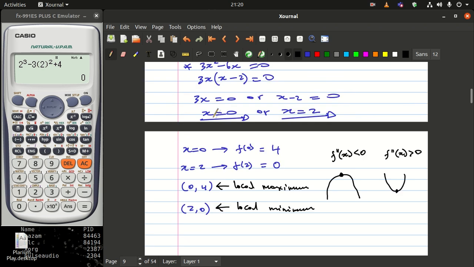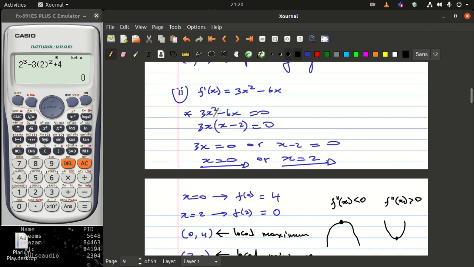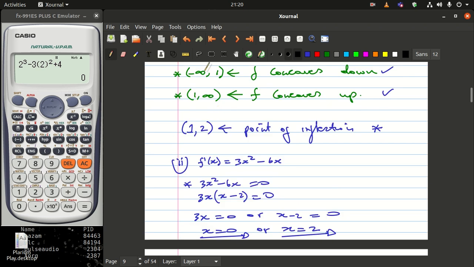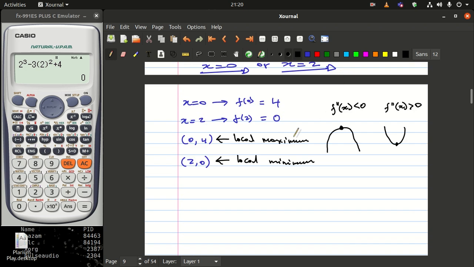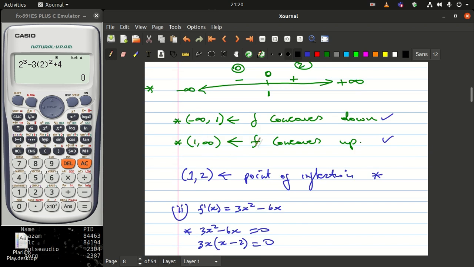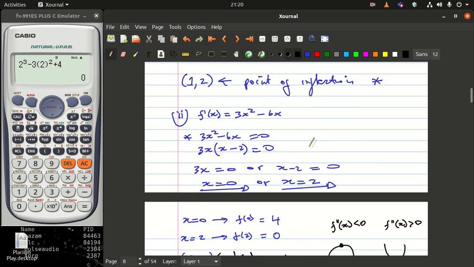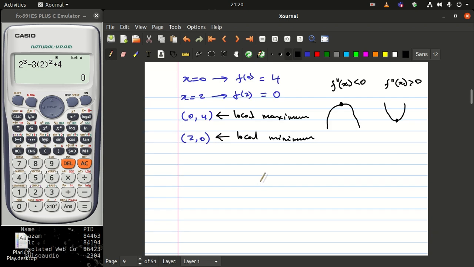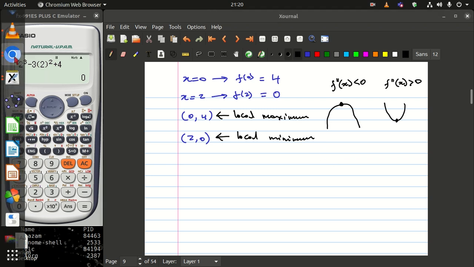So 0.4 is somewhere in this interval whereby the function is concave down. So we have a local maximum, and 2.0 falls in this interval where f is concave up. So we are having a local minimum. That's what we wanted to solve with this particular problem of ours.